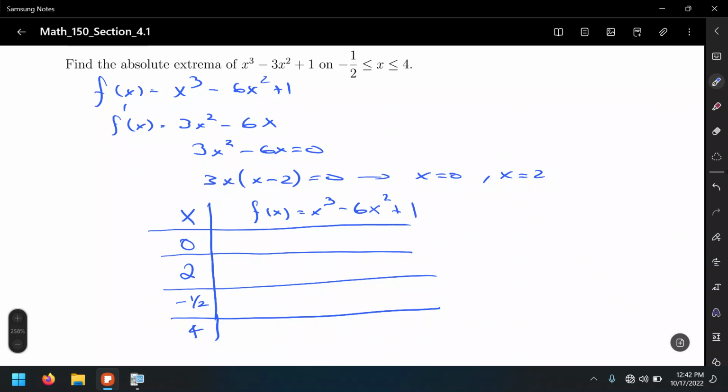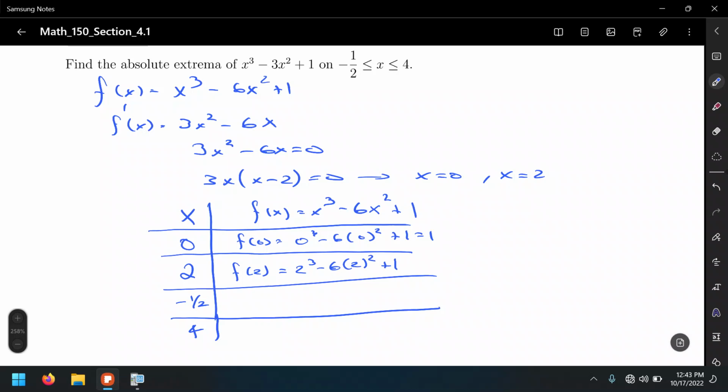Number one, plug in all these values, the critical values, into the original function f of x. That is f of 0. It would be 0 cubed minus 6 times 0 squared plus 1. This reduces to 1. All right, what about f of 2? f of 2 equals 2 cubed minus 6 times 2 squared plus 1.